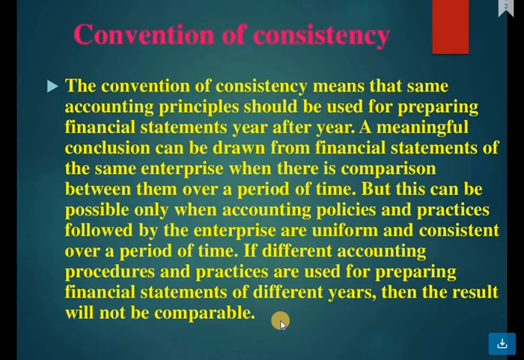So if you want to compare the result of one year to the next year, when you have followed the same uniform accounting policies and procedures, you can compare the data from year to year. But once you change the policies that you are following, you cannot compare the data. So for comparison also we need to maintain consistency.